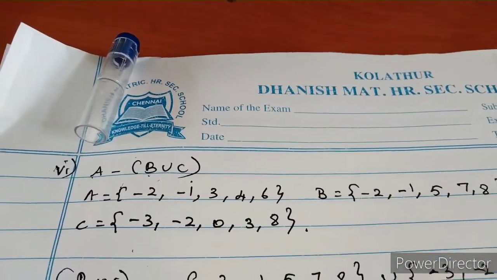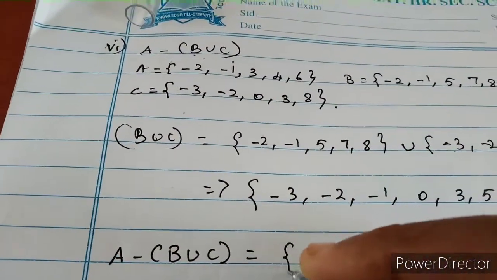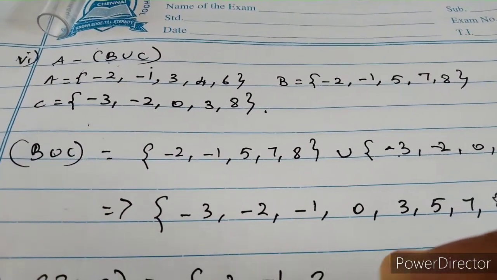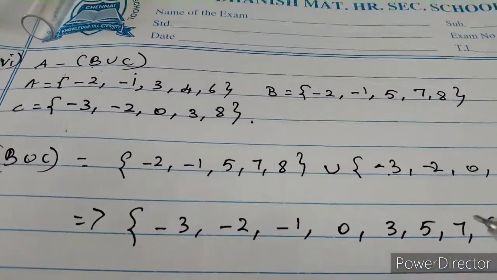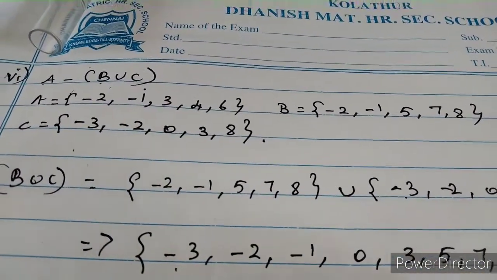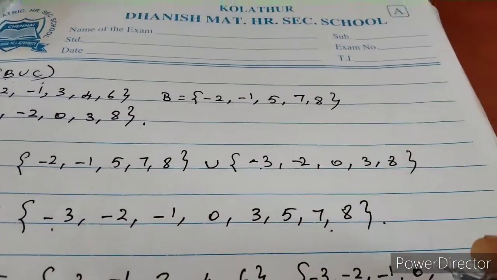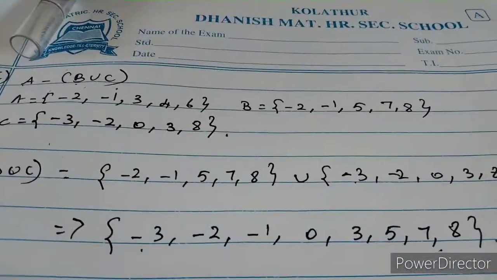Now the next one: A minus (B union C) is equal to, write the elements of A: -2, -1, 3, 4 and 6, minus (B union C), that is -3, -2, -1, 0, 3, 5, 7 and 8.